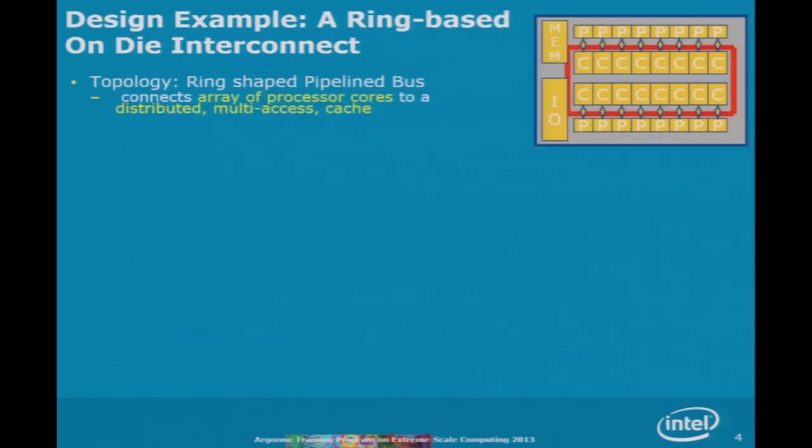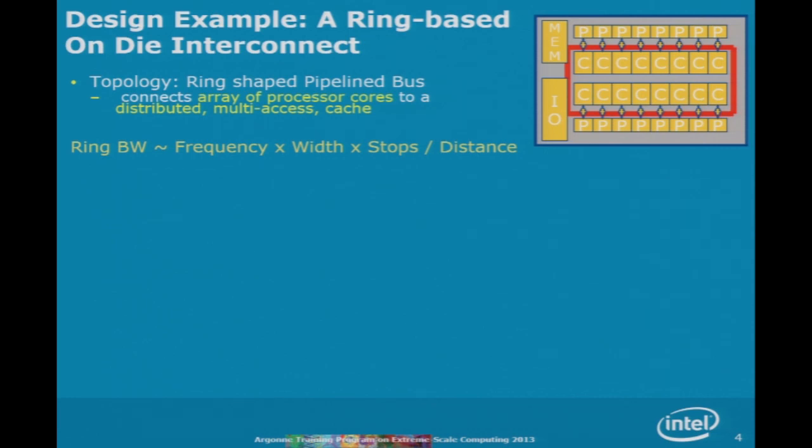So this is the example. Basically this interconnect is a pipelined, ring-shaped bus, and it connects the processors with the cache and to memory and to I/O. The bandwidth on this is roughly the frequency with which you're clocking the ring times the width of the ring times the number of stops, because you have different data on each segment.